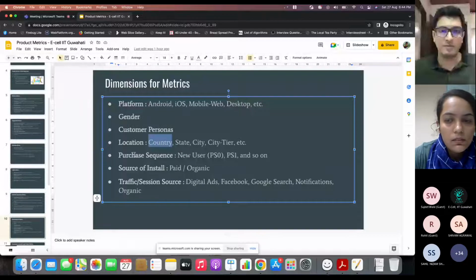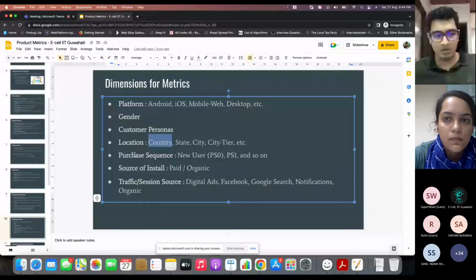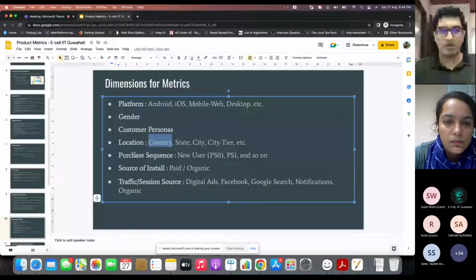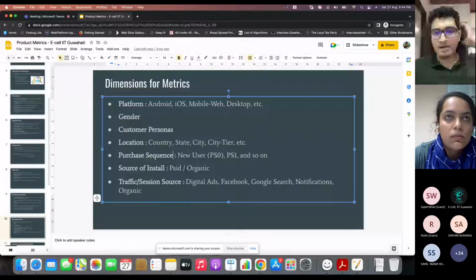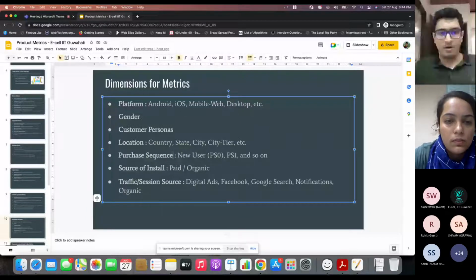Their average order values might be higher. The number of products that they buy might be higher, or transaction values might be higher. So that's why it's important to track your metrics at purchase sequence as well. Are your new users getting more impacted, or is it across, let's say, purchase one or purchase two and so on? Then source of install.